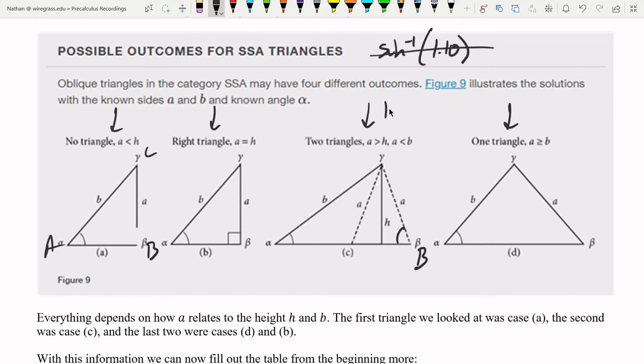And then all you have to do is do 180 minus B, and that will give you this angle here. And if that does work with A or alpha, you add them up and you can find this third angle, then you have two solutions. If you add this up and you don't, then you actually only have one valid solution.